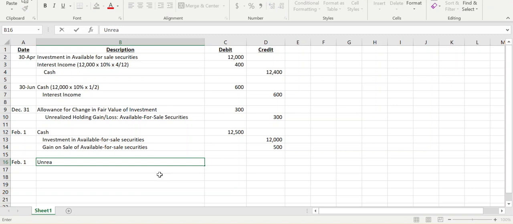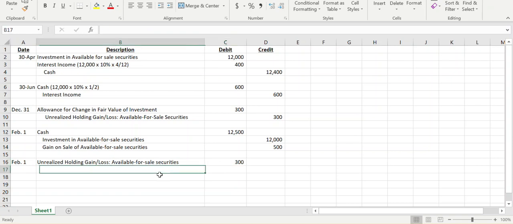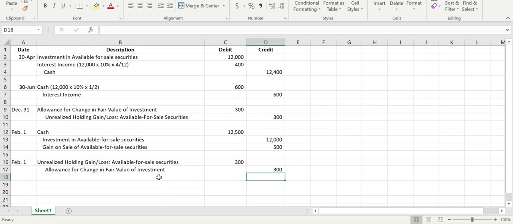So we have to debit our unrealized holding gain or loss on our available for sale securities in order to zero out that effect. And we have to credit our allowance for change in fair value of our investment for the same amount. So that again, it's reversing the impact that those investments had on both of those accounts.